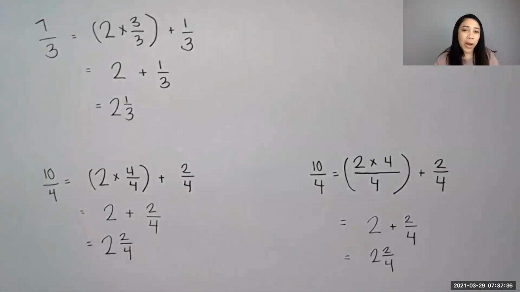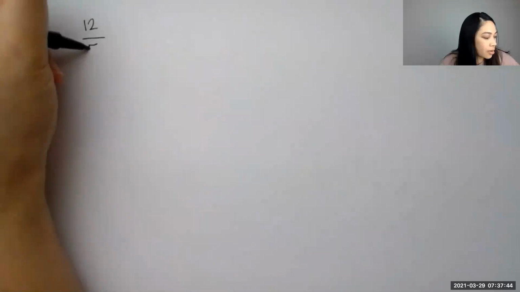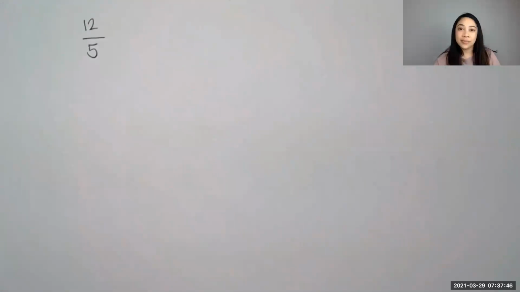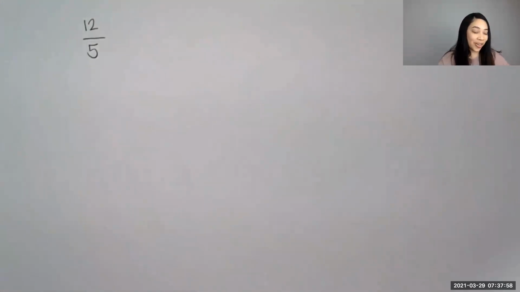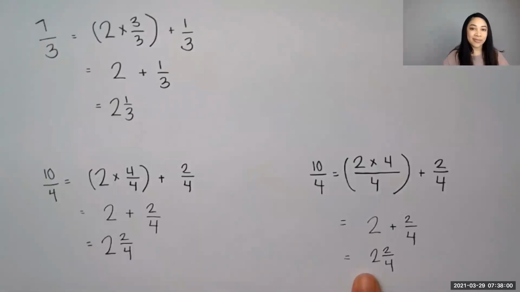I'd like you to now try this on your own. Let's try with the fraction 12/5. Go ahead and pause the video here to convert the fraction 12/5 to a mixed number using multiplication like we did earlier here. We'll compare our work when you get back.